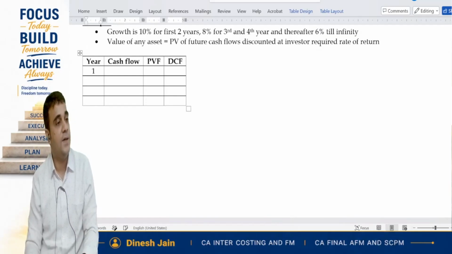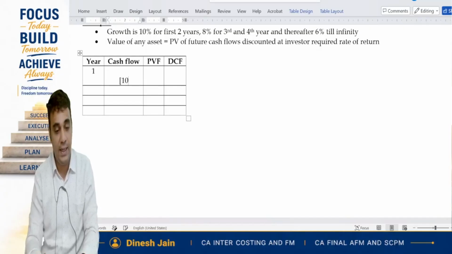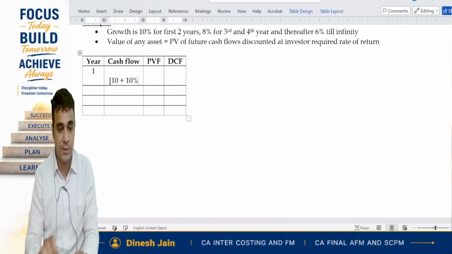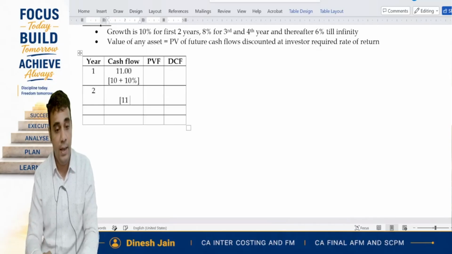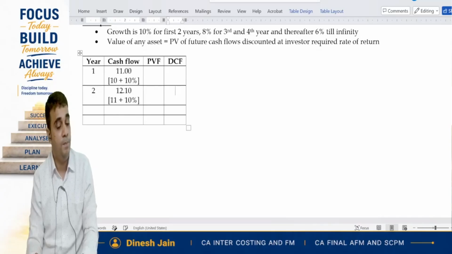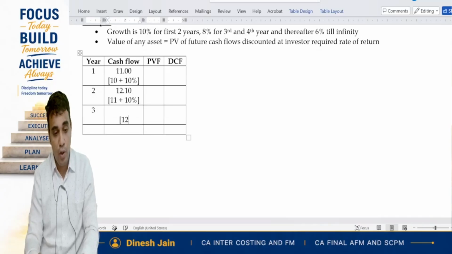First year it will pay dividend of 10 plus 10%, 11. Last year was 10. Second year it will pay dividend of 11 plus 10%, which is 12.1. Third year it will pay dividend of 12.1.